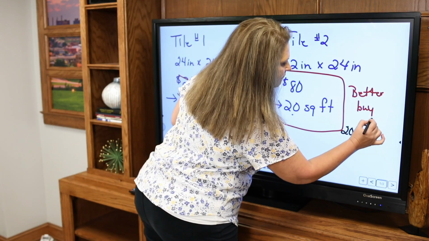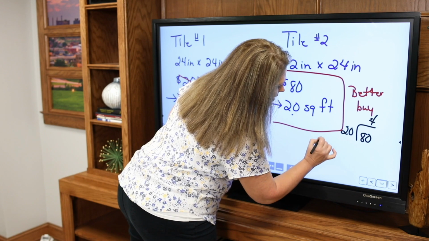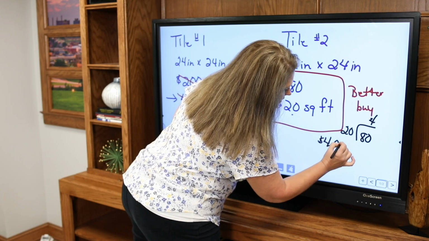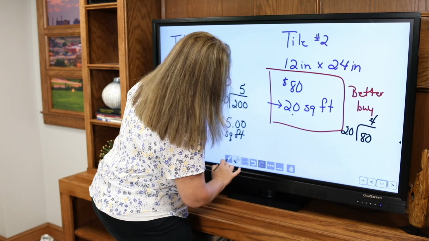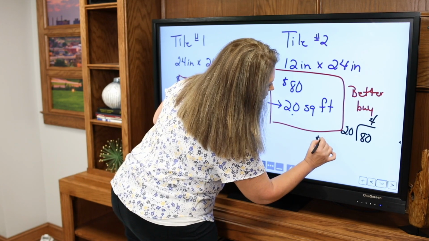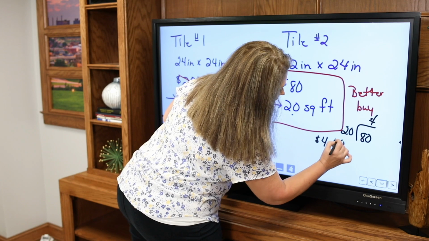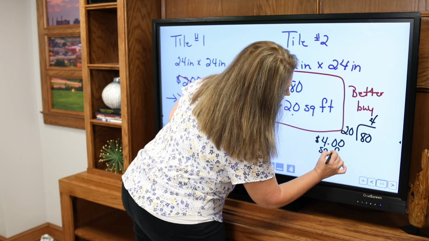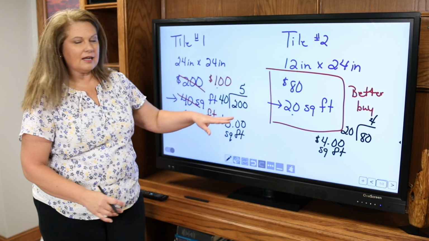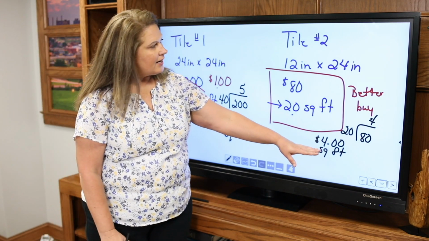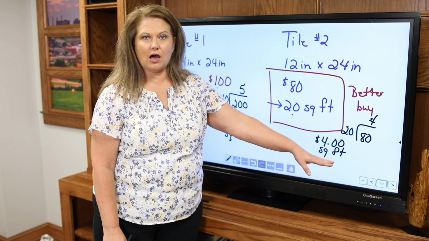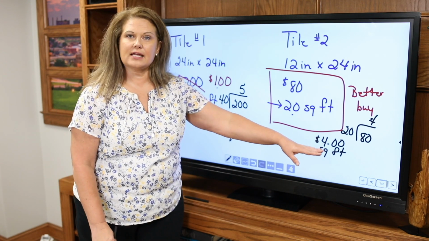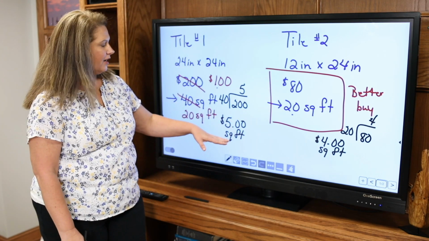That's going to be 4. So my cost per unit is going to be $4 per square foot. So this again verifies that tile number 2 is going to be the better value at $4, because $4 is $1 less than $5.